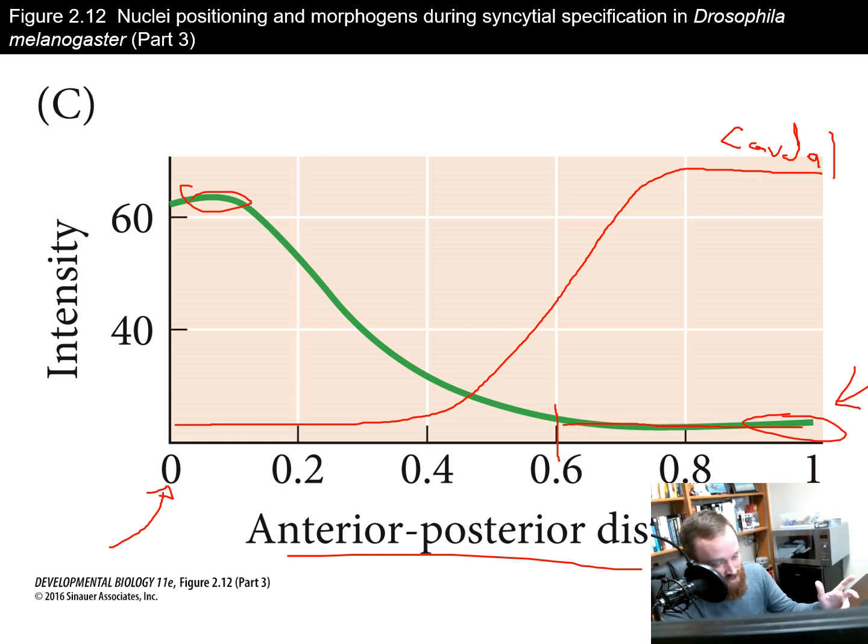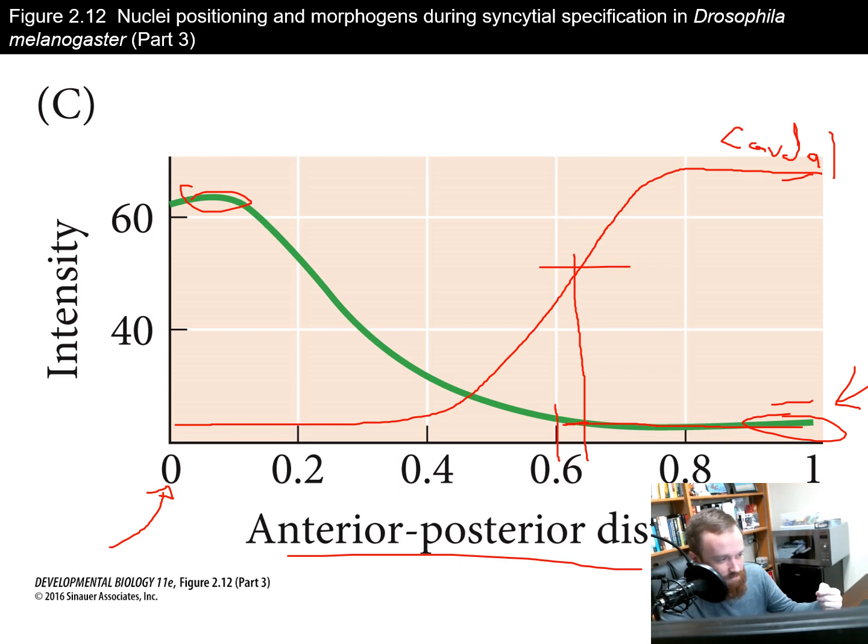So a stinger, for example, in the development of a bee, would have to have a very high amount of caudal and a very low amount of bicoid to develop. That differentiates it from cells that are further up, which have a medium amount of caudal, but still this low amount of bicoid. So this gives more and more detailed information as to the position of these cells as they go through this developmental process.